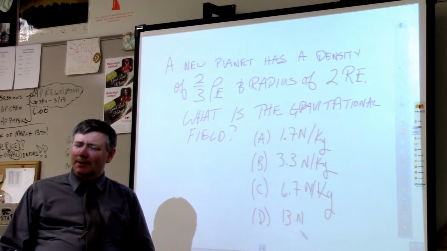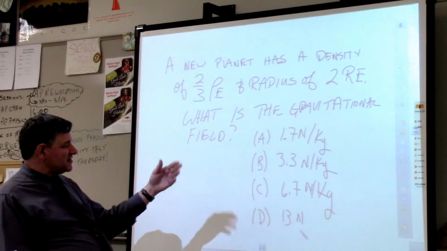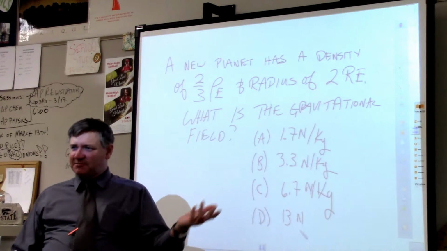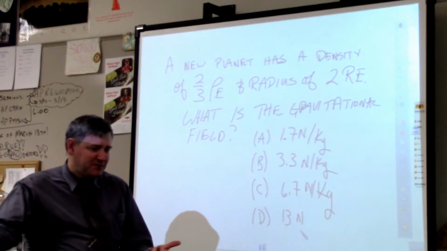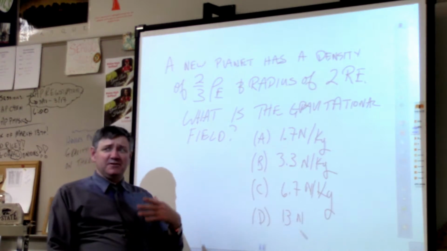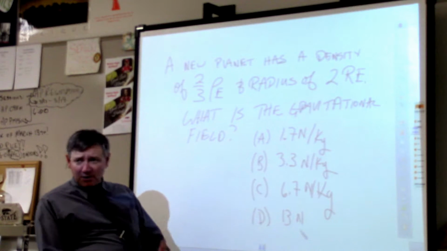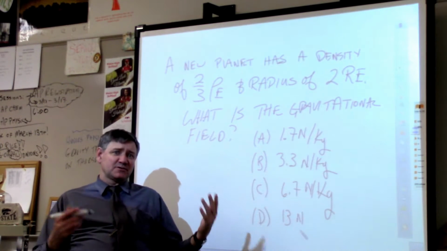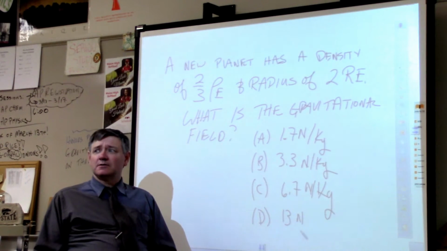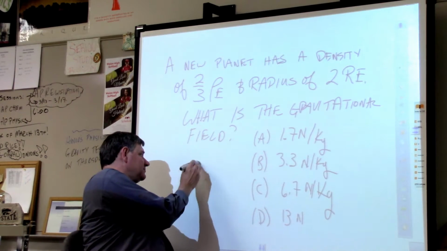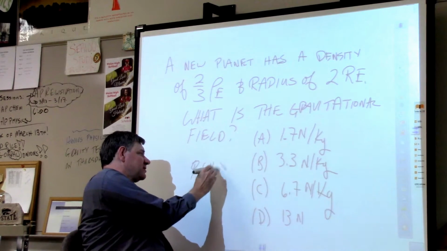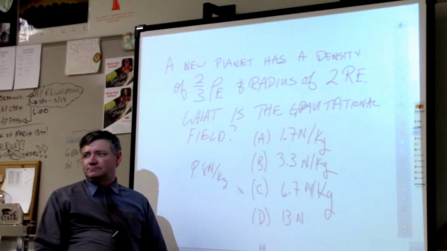They don't give it to you in values of meters per second squared. But if you think about it, it's kind of cool. What's the strength of the gravitational field on Earth? 9.8 newtons per kilogram.